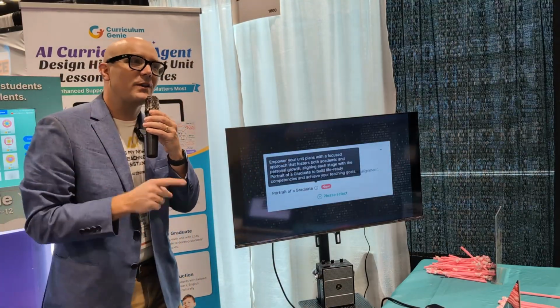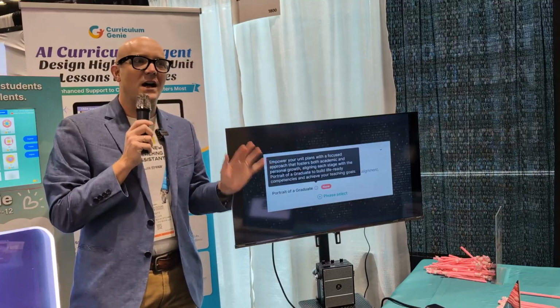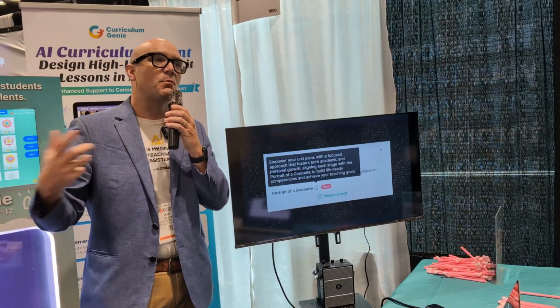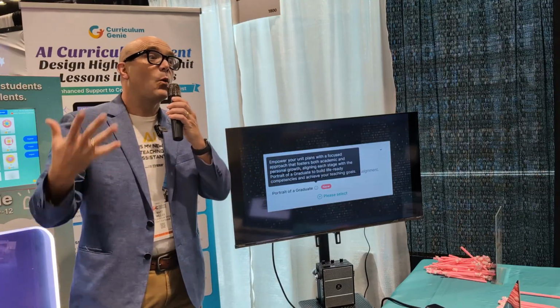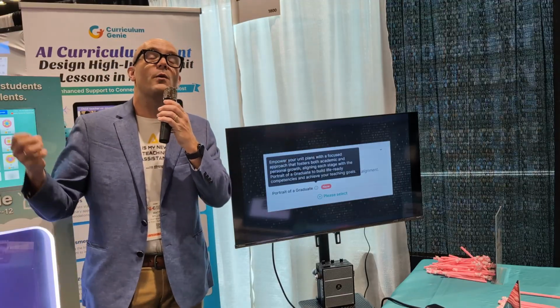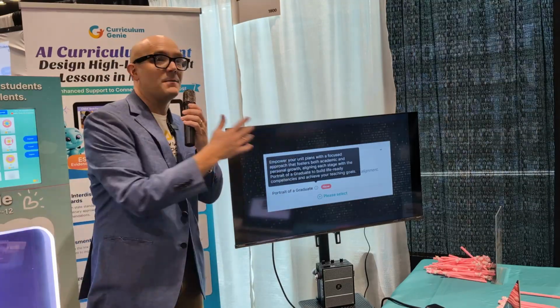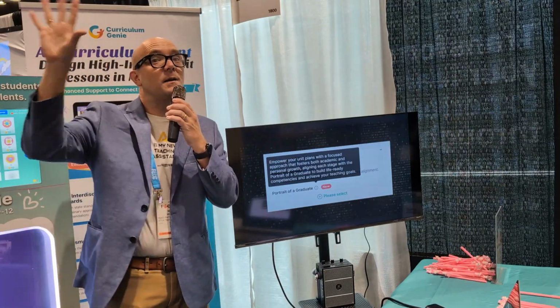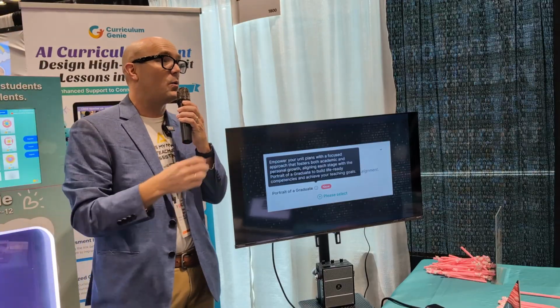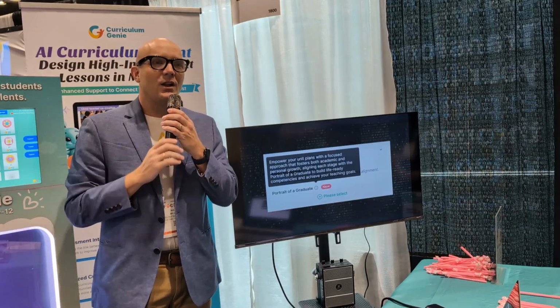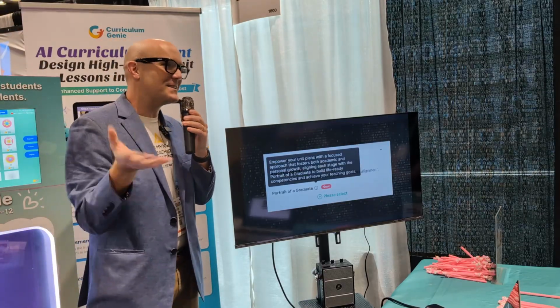And here's the really interesting thing. Lots and lots of schools these days are starting to adopt a portrait of a graduate: what do we want students to look like, and what do we want them to be able to do by the time they graduate? If you keep that at the forefront all the way through, it should guide you. Let's be honest, with teachers, it's easy to lose track of that.